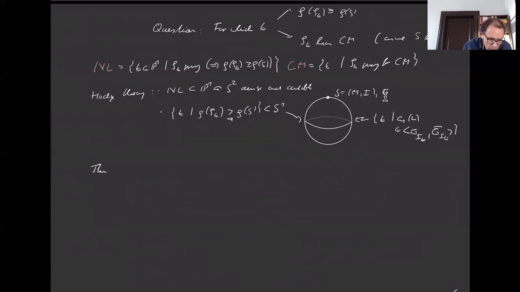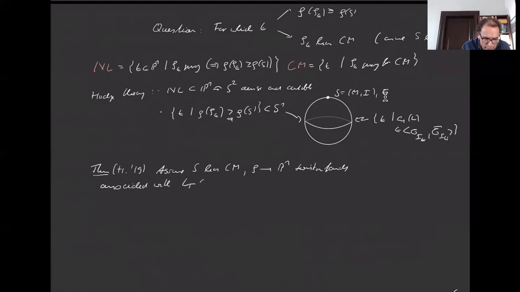And what I proved last year is the following. So assume S has complex multiplication, and this is the twistor family associated with an ample line bundle.